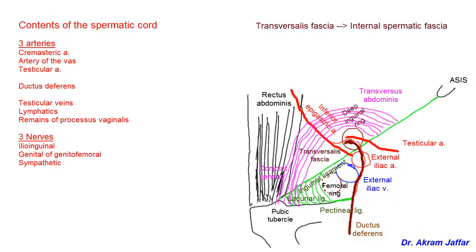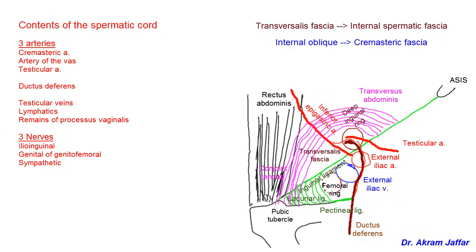Transversus abdominis muscle does not contribute to a sheath because its fibers do not pass in front of the deep inguinal ring. But the internal oblique muscle, whose fibers pass in front of the deep inguinal ring, will contribute to the spermatic cord another sheath, and this sheath is called the cremasteric fascia.